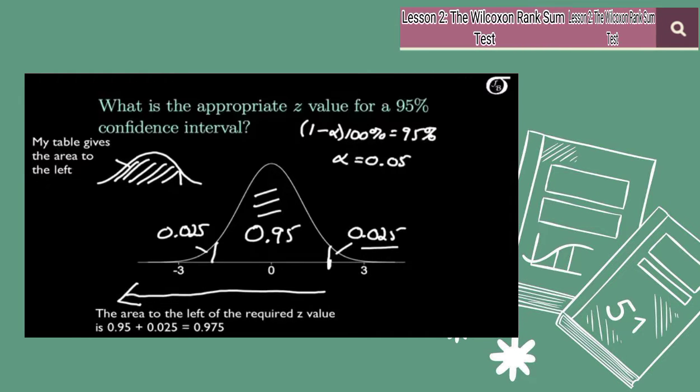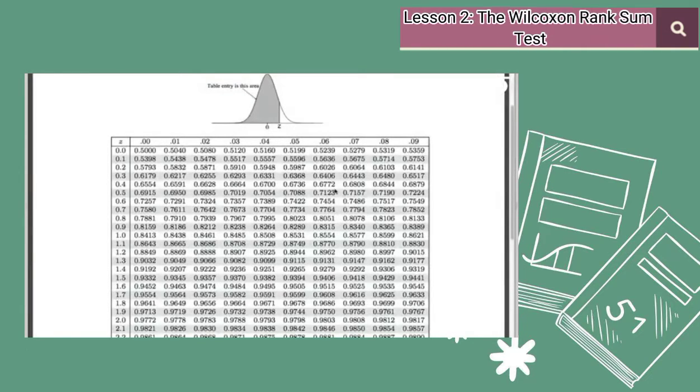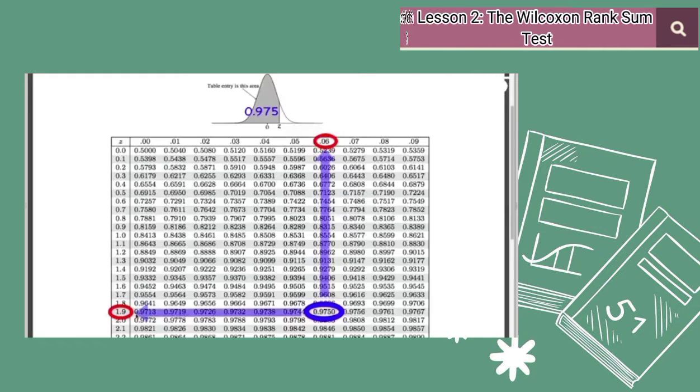So let's go to the table and find that value. Here's my standard normal table, which gives areas to the left. And we need this area to be 0.975. Areas are found in the body of the table, so we're going to have to look in here and get as close as we can to 0.975. And right here, we find 0.9750. And so we go to the edges of the table to find 1.96.